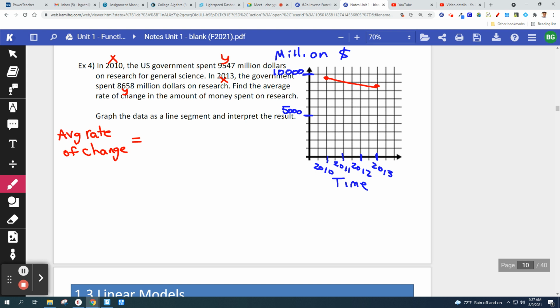So this is my y2 and this is my y1. 8,658 minus 9,547. And then 2013 was my x2, and 2010 was my x1. So 2013 minus 2010.